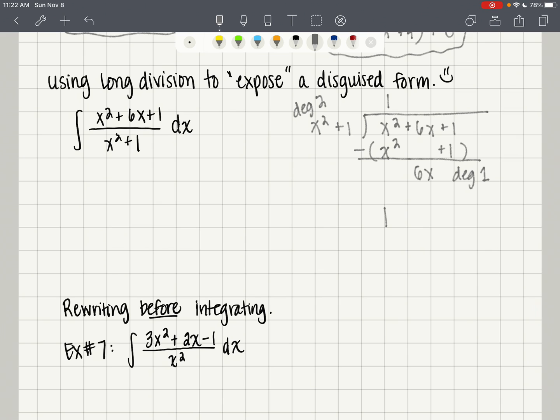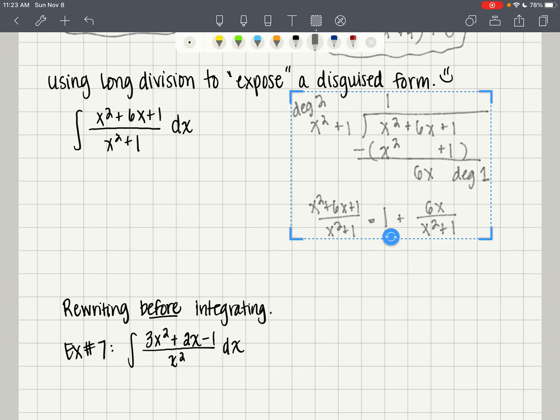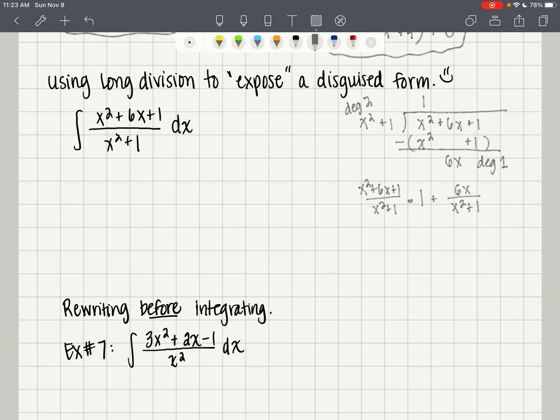So x squared plus 6x plus 1 divided by x squared plus 1 is the same thing as 1 plus 6x over x squared plus 1. So I'm going to take this and resize it so that I can have a little bit more room here.